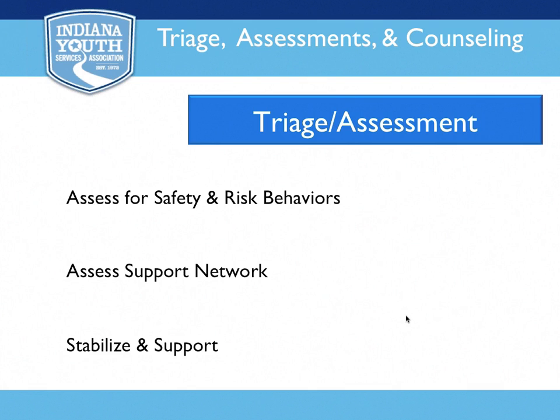It's really, really important to assess for safety and risk behaviors, because we know that young people who are GLBTQ are isolated. They don't have the support systems. They may be on the street. They may have low self-worth that will not inhibit them from engaging in risk behaviors. We have to understand what's going on.